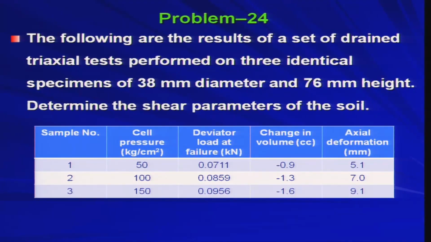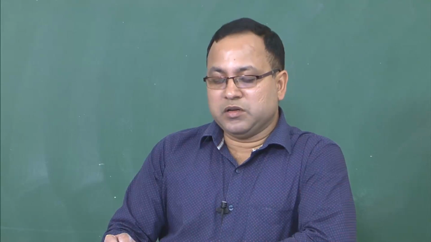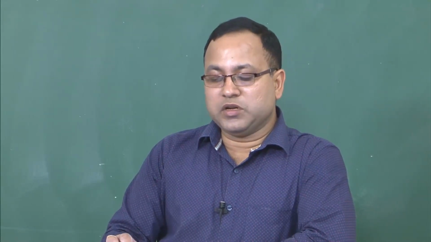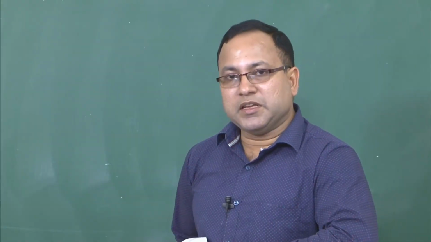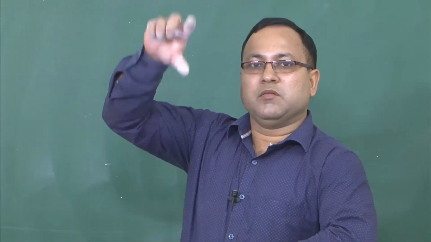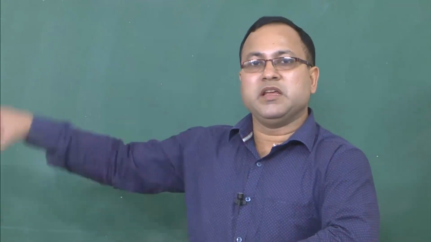Okay. So, basically you are reporting the deviator load at failure, 0.0711 kilonewton and so on. Change in volume. Because you are doing the drain test, you will be observing some volume change, because consolidation is happening, right. I mean, the water will be draining out.